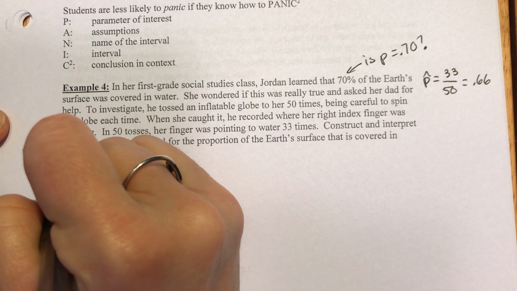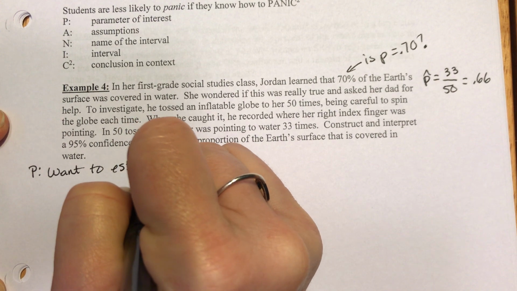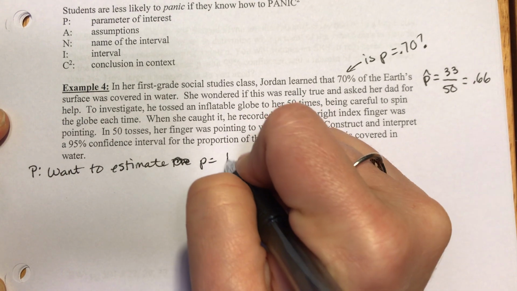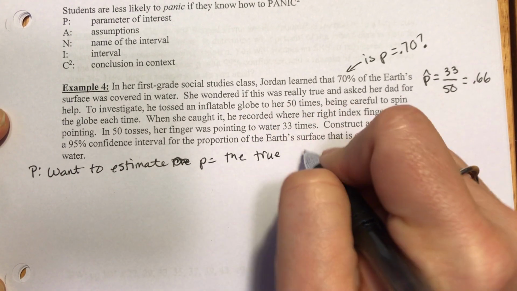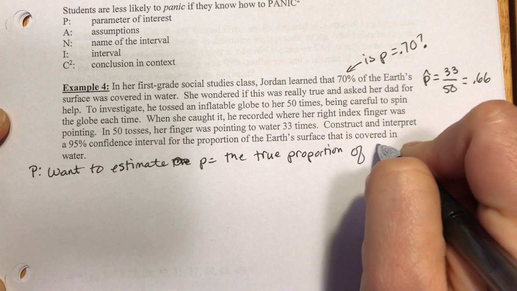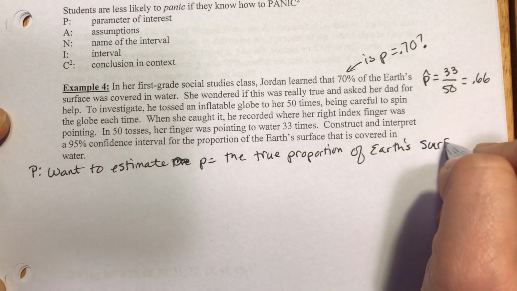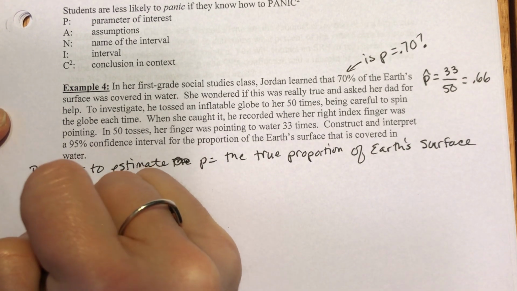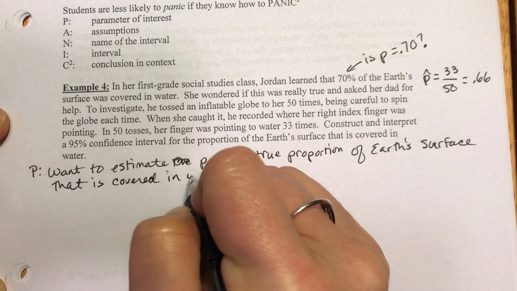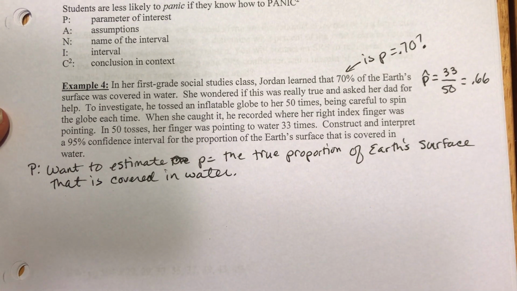So we want to estimate p, the true proportion of Earth's surface that is covered in water. You need to restate what we're actually trying to estimate.